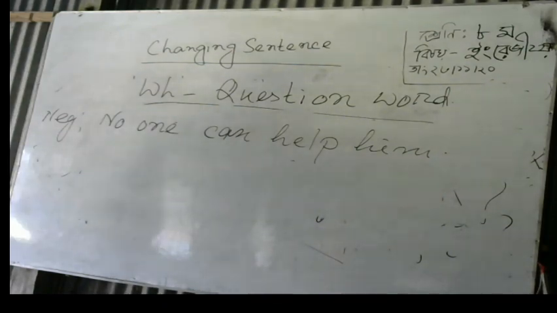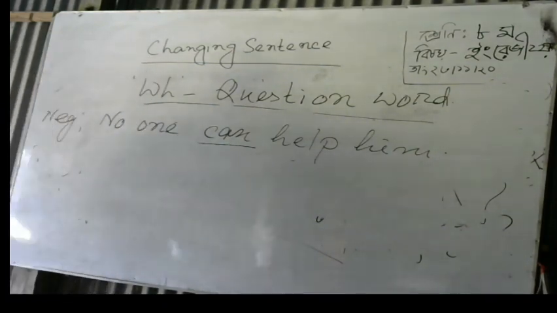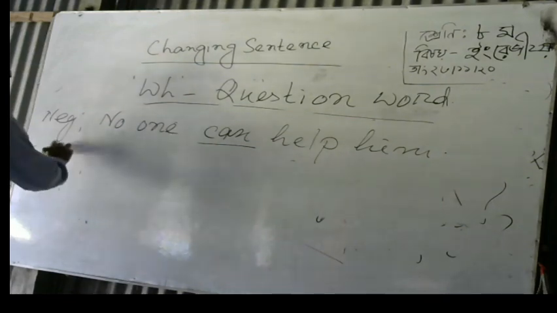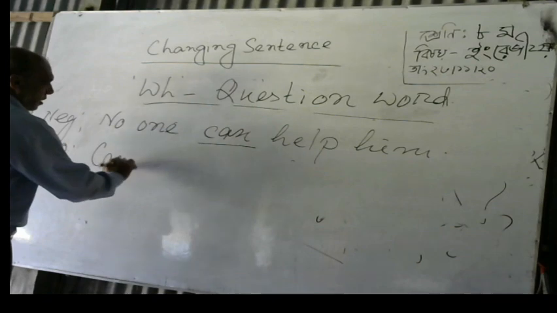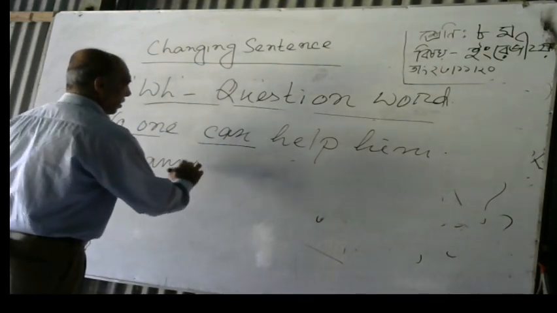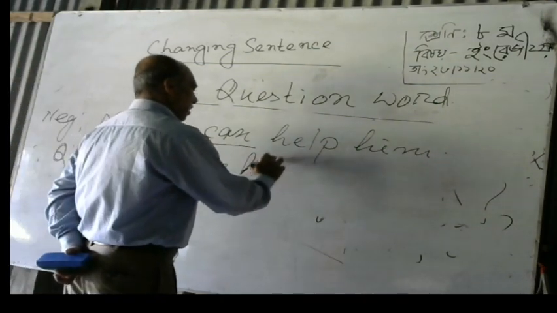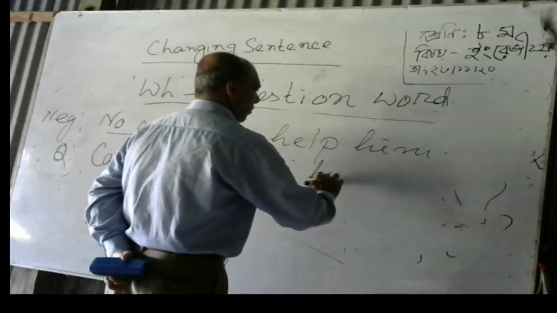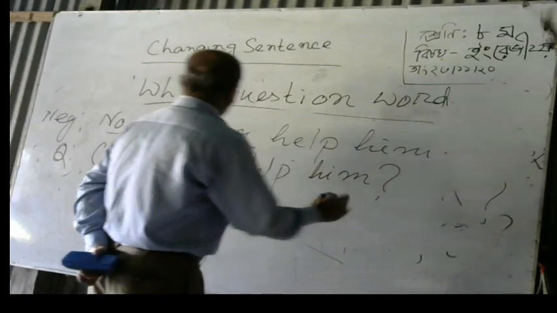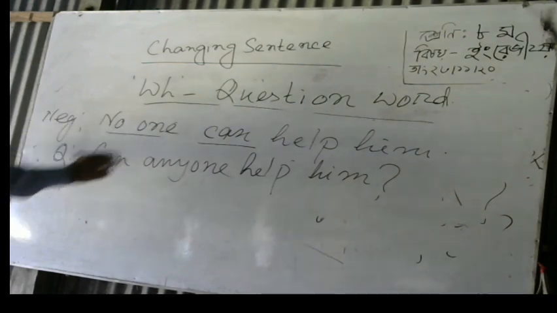If I ask you to make a question, what do you do? You can see here there is a can. You will make the question: can anyone help him? In case of no one, you have to write down anyone. That means nobody can help him. So you will make a question like this.